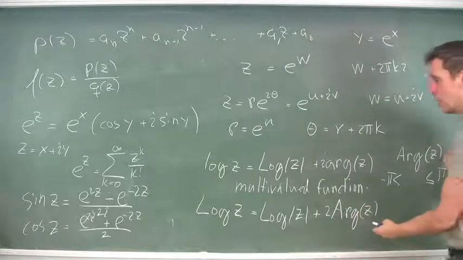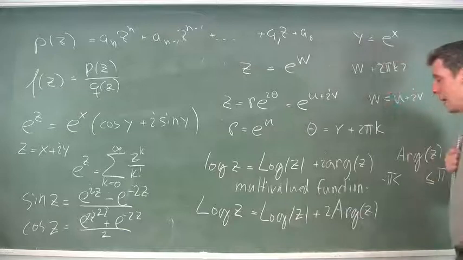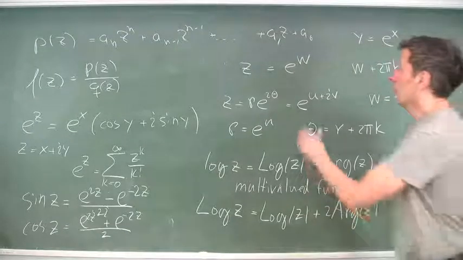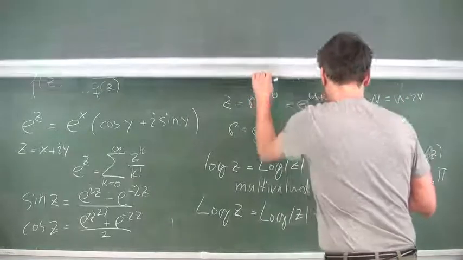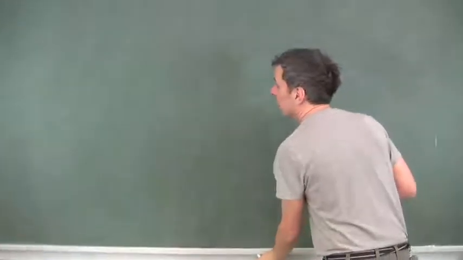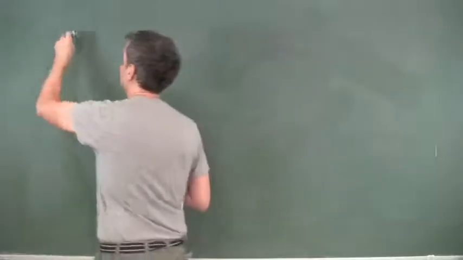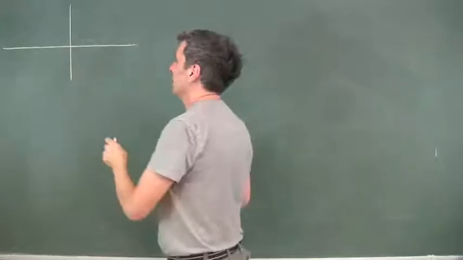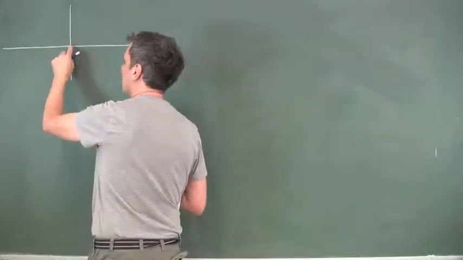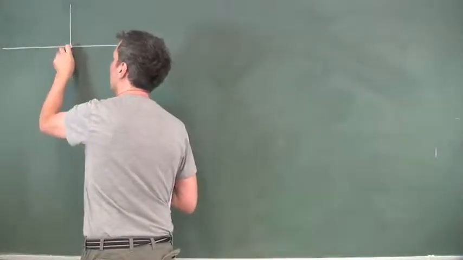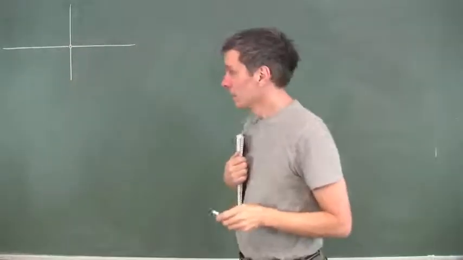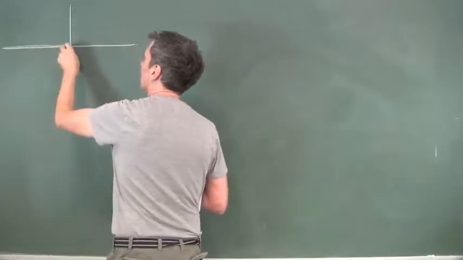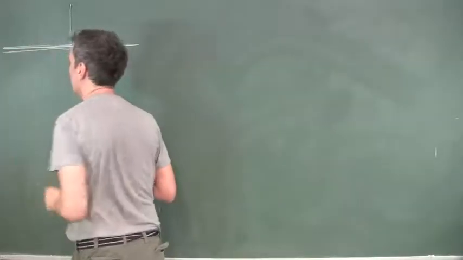So this is now a well-defined function, but it has its problems also. For example, if we consider the complex plane here now, we will see that the principal branch of the logarithm function is defined everywhere except at the origin. But it will have discontinuities along the negative part of the real axis.